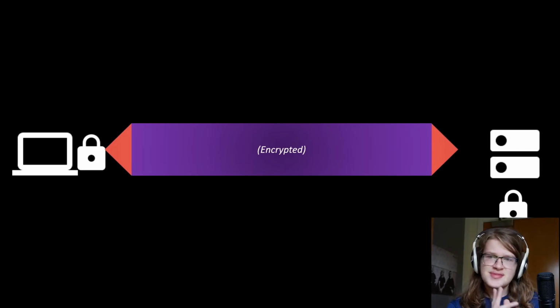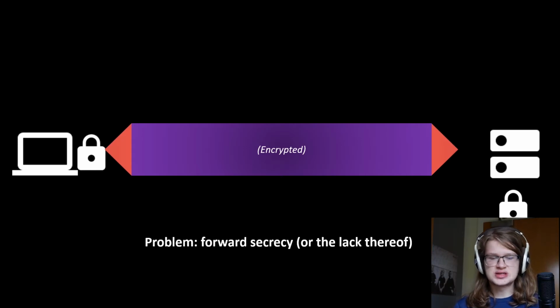Now, eagle-eyed viewers may have noticed that there's nothing here stopping an attacker on the network from tampering with these keys, but that wouldn't give them much because all they can do is shut down all connections, which would be a bit useless. But there's still a problem here, which is that if the attacker records all the traffic to the server and then later steals its private key, it can decrypt all the historical messages, which is quite bad. This is known as forward secrecy, or the lack thereof.